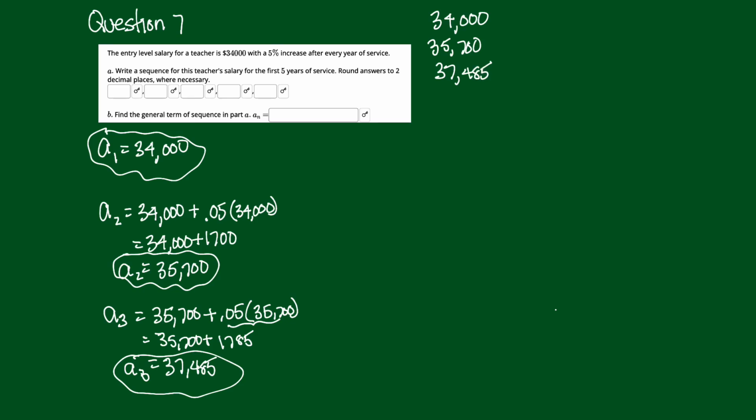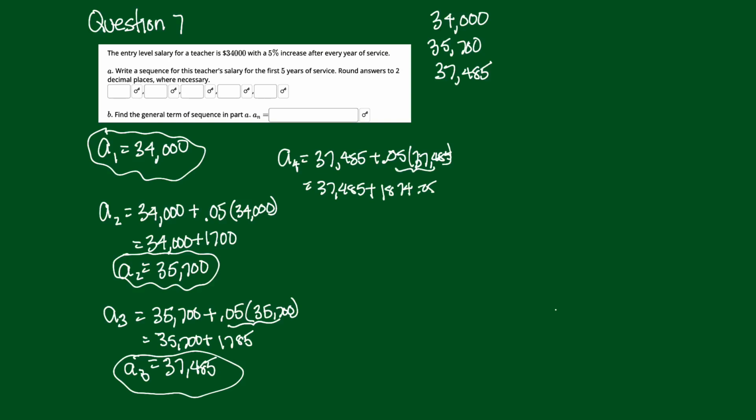It's going to be 37,485. Now, at the end of the fourth year, so A sub 4, this is equal to 37,485, the current salary, plus 5% of that salary, 37,485. This is 37,485 plus, now this turns out to be 1874.25.